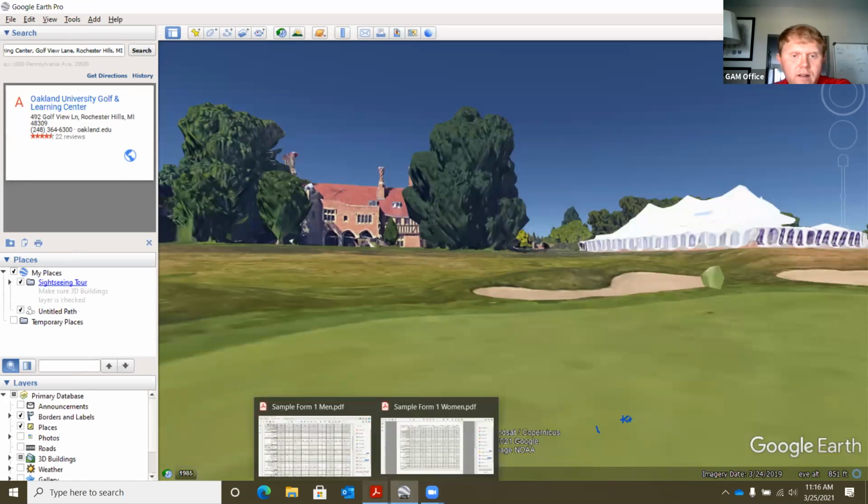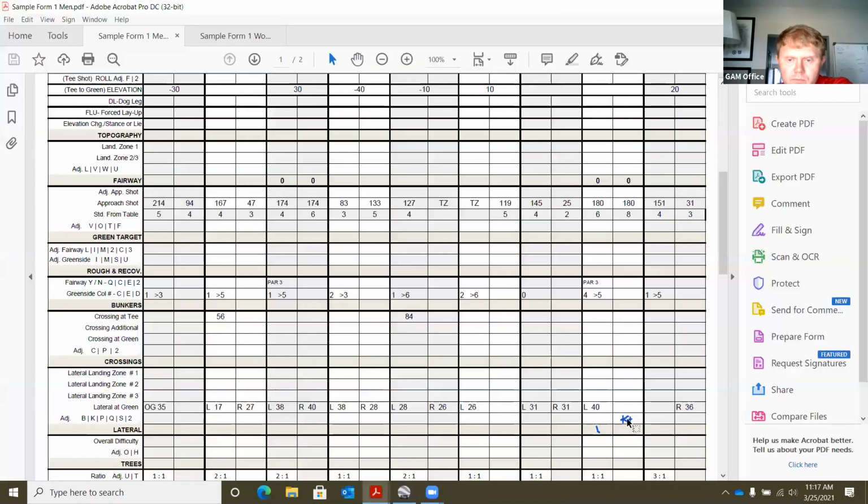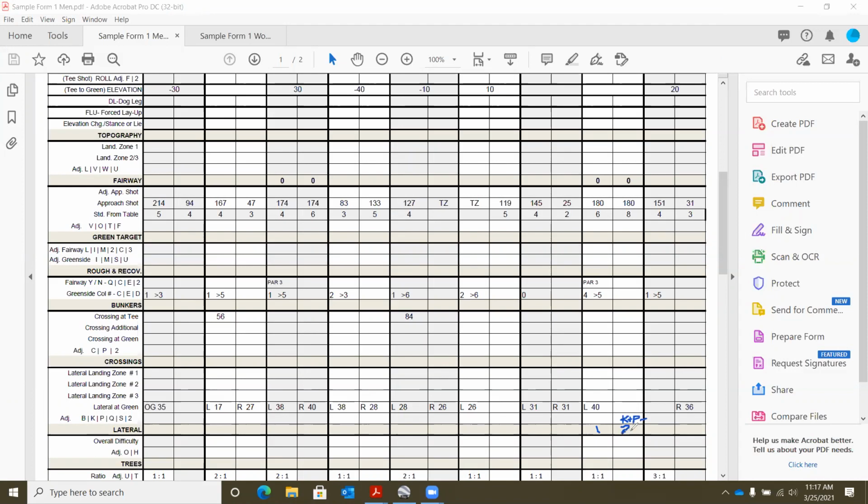Let's just do it for example purposes. We're going to apply an adjustment under lateral, the percentage, or the P adjustment, and we're going to just minus it one point for that. So we'll also throw in a P minus. And so that's going to net out the K plus, and then we're going to get the value that we got right off the chart, which is going to be a 2.